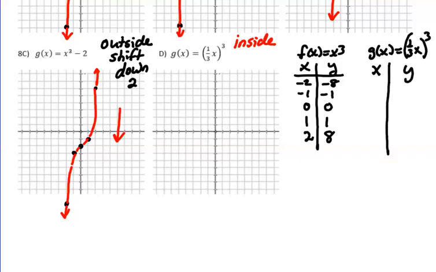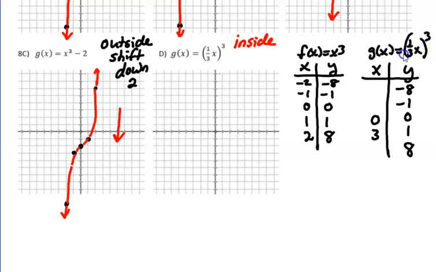Remember I suggested when I'm making a change inside the function, use the same values for y, but figure out what x has to be now in order to get those values. So to get 0, x is still 0. To get 1 for y, x would have to be 3, because 1/3 times 3 is 1, and then cube that. So this would be 3.